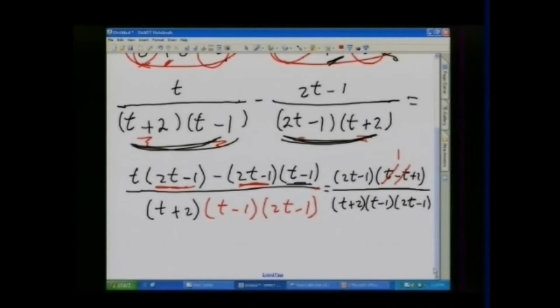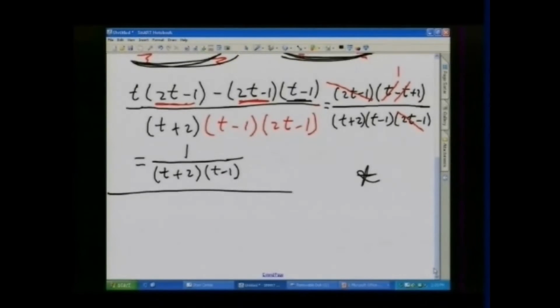So 1 times that, it would be that 2t minus 1, but this would also cancel with this 2t minus 1. Therefore, in the numerator, all you have left is a 1, and the denominator you would have t plus 2 times t minus 1. And that's the final answer here.